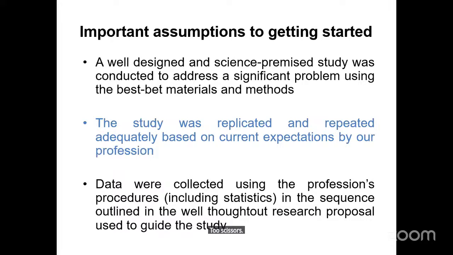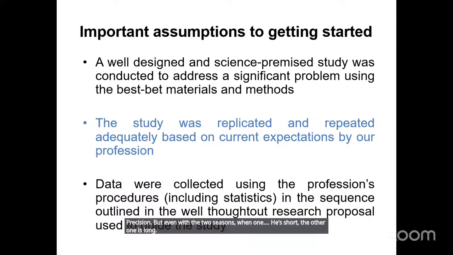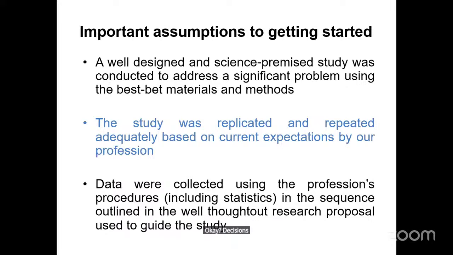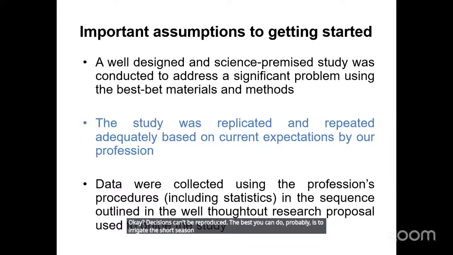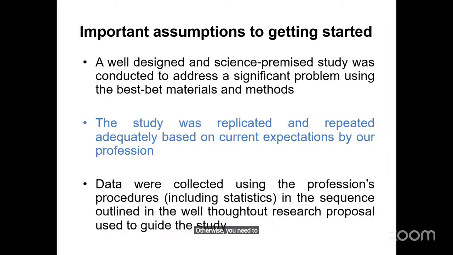But even with the two seasons, when one is short and the other one is long, the seasons can't be reproduced. The best you can do probably is to irrigate the short season so that you are able to compare with the long season. Otherwise, you need to repeat the seasons.